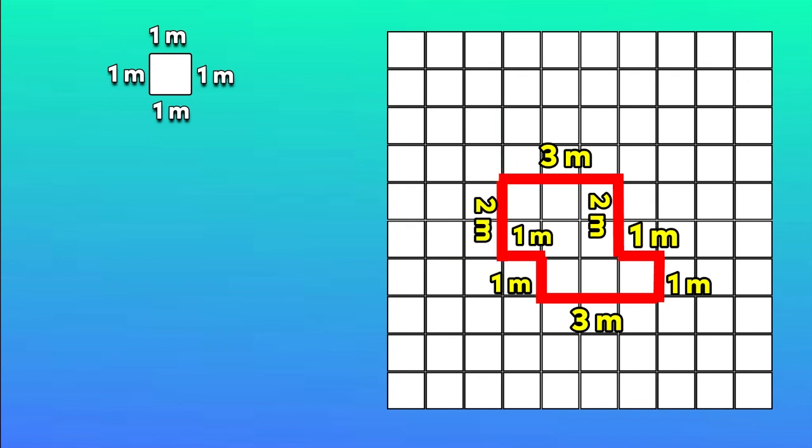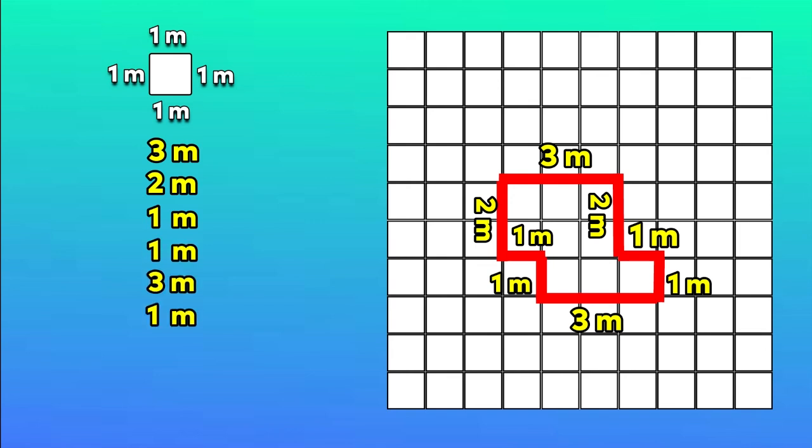The perimeter will be 3 meters plus 2 meters plus 1 meter plus 1 meter plus 3 meters plus 1 meter plus 1 meter plus 2 meters is equal to 14 meters. So, the perimeter of the figure is 14 meters.